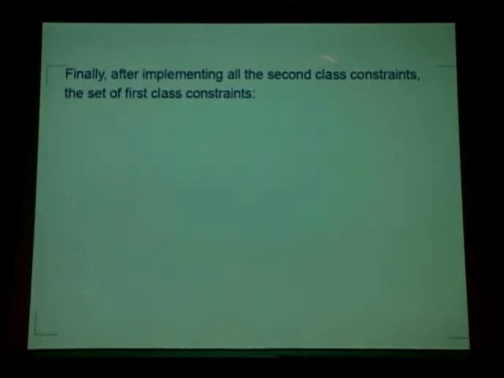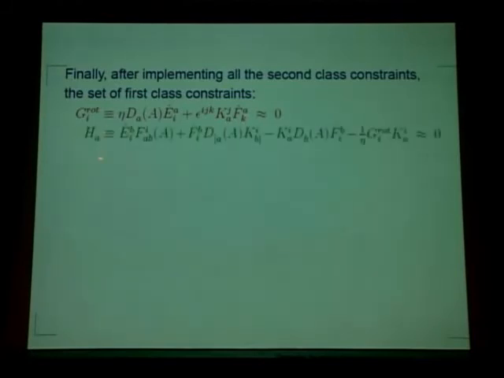So finally, after implementing all the second class constraints, the set of first class constraints we are left with are the rotation constraint, eta times the covariant derivative D_A of E hat is the cross product of extrinsic curvature and its conjugate momenta. H_A is E hat contracted with F^i_AB, F hat^i covariant derivative D_A of extrinsic curvature, antisymmetrized.